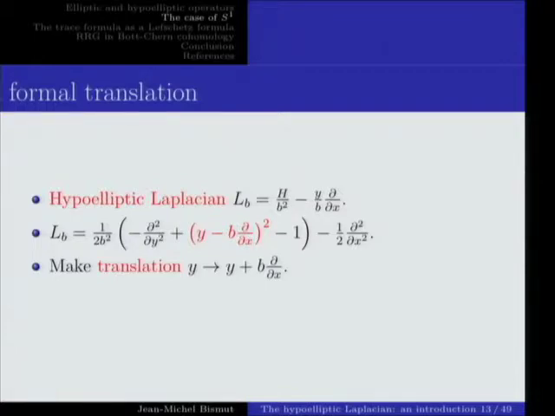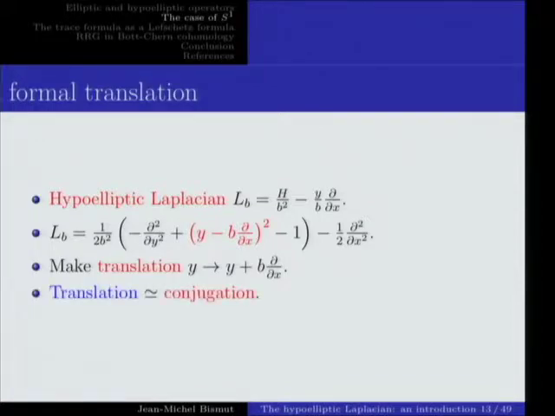Because if you are doing Fourier in the variable x, d over dx would be replaced by i xi. And so that formal translation would be exactly y goes to y plus b i xi. The problem with this translation is that imaginary translations do not act on smooth functions of y. They do not act on Sobolev functions of y. Basically, they only act on analytic functions of y.